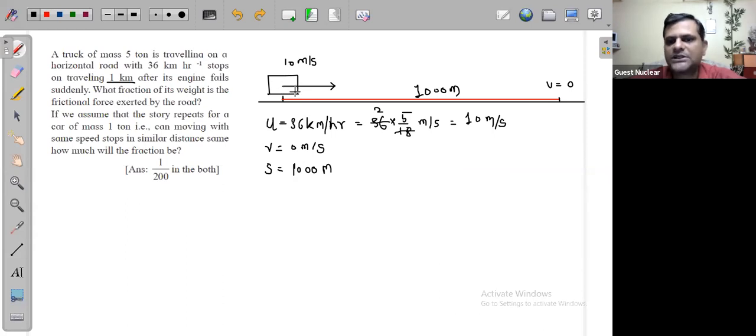One is due to the engine and the other is due to friction. But when the engine fails, it will no longer act as a force, and only frictional force will act on this truck in the backward direction, which will try to retard its motion, which will try to bring it to rest.